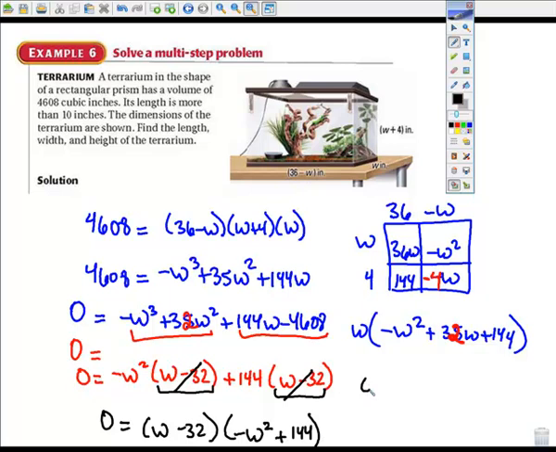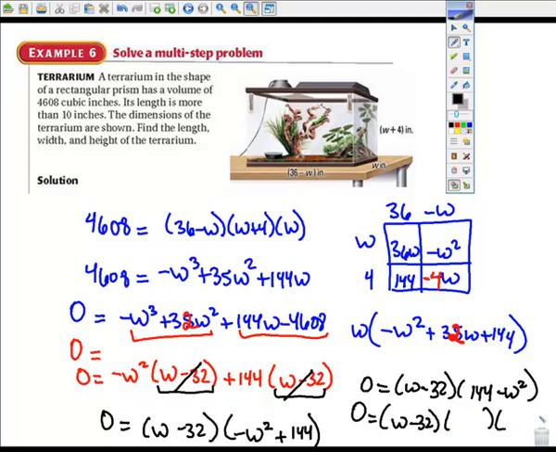So let's come over here. 0 equals W minus 32 times 144 minus W squared. The reason I want to write it like this is now I can see that it's the difference of two squares. So I've got W minus 32, and then the square root of 144 is 12. The square root of W squared is W, so plus W and minus W.